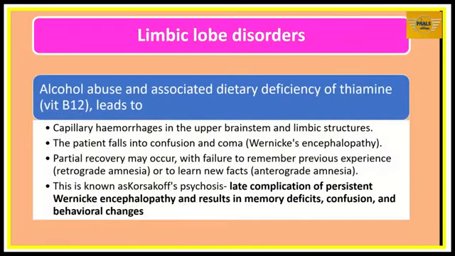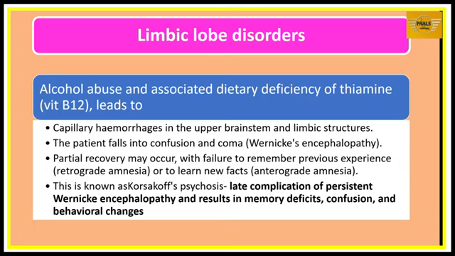Before we round off this lecture, I want to look at the limbic lobe disorders. Studies have shown that alcohol abuse and associated dietary deficiency of thiamine, that is vitamin B1, can lead to limbic lobe disorders. Here we see capillary hemorrhage in the upper brainstem and limbic structures.